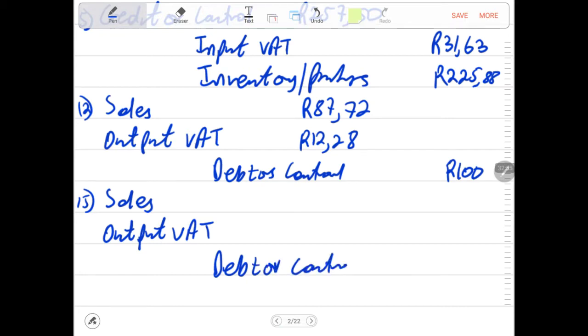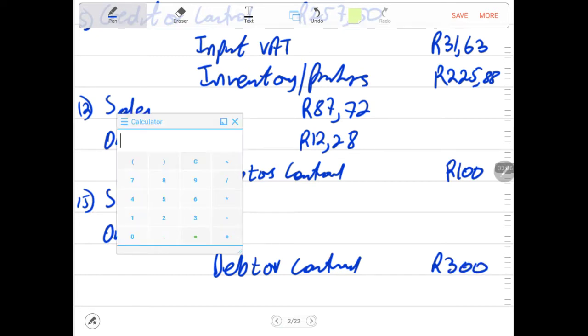Debtors control is a debtor. We know that debtors decrease on the credit side. It's an asset decreasing on the credit side. Why the debtor is decreasing is because the debtor returned inventory. So now the amount that he previously owes us must decrease by the value of the inventory that he returned.